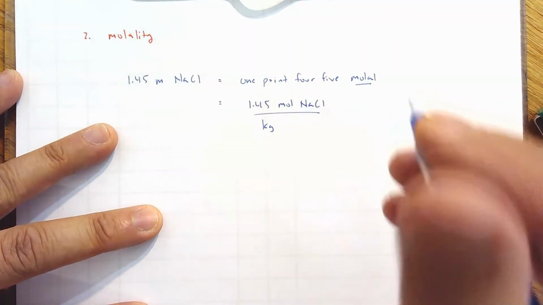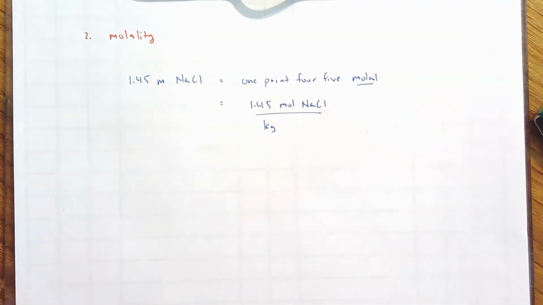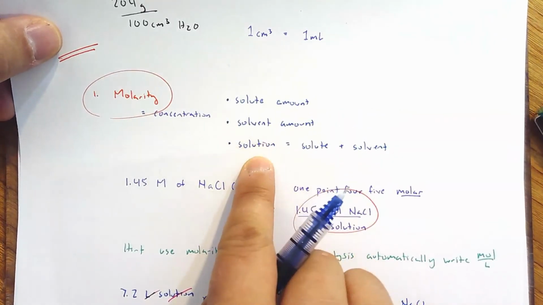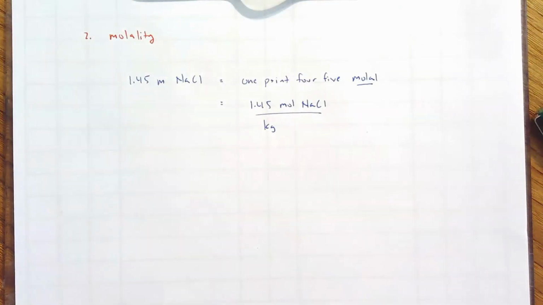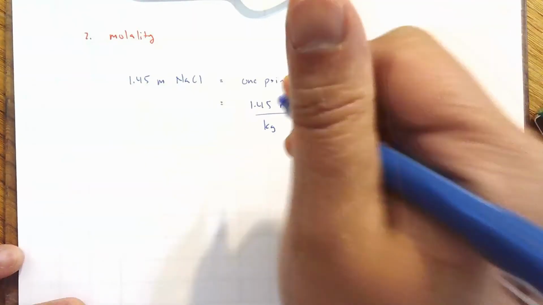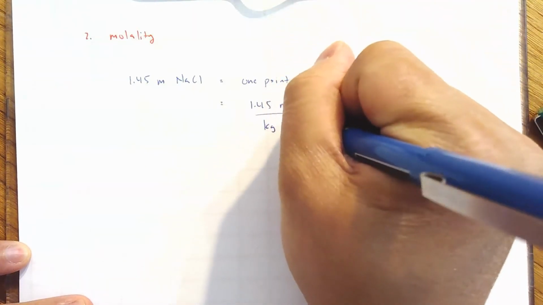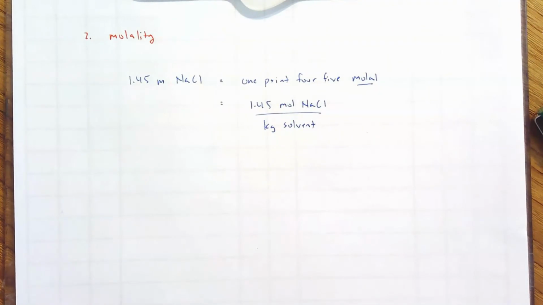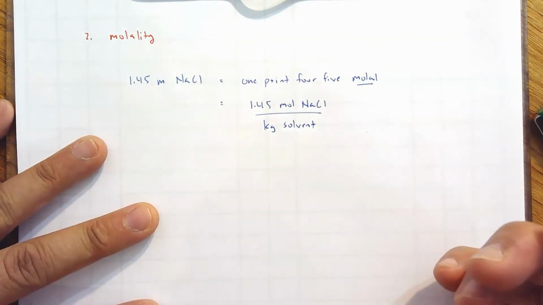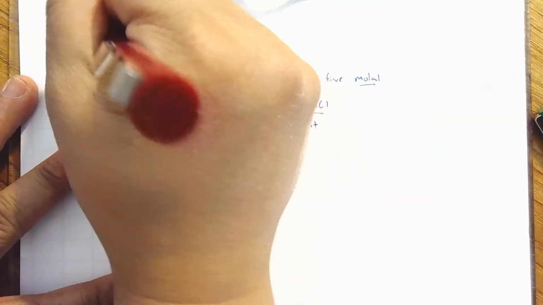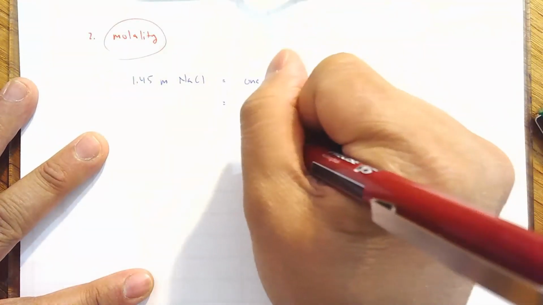Kilograms of what? I gotta cheat. Is it solvent or is it solution? And for molality, it is just the solvent. Oof. Just the water in most cases. I gotta remember that. So it's different.